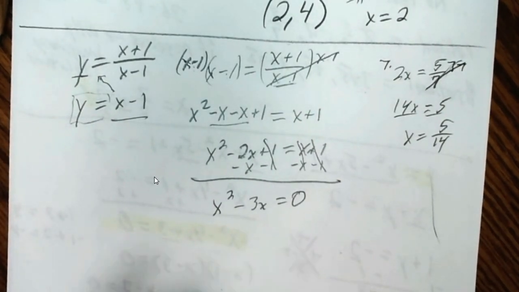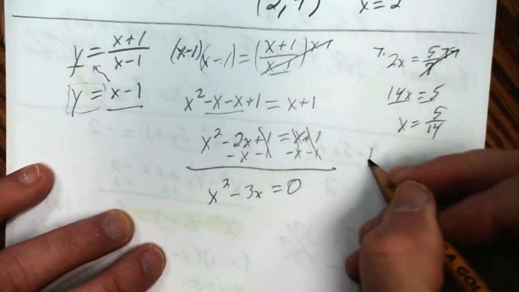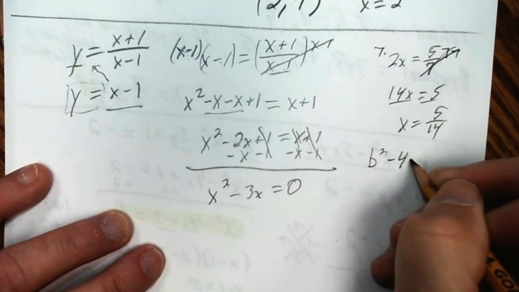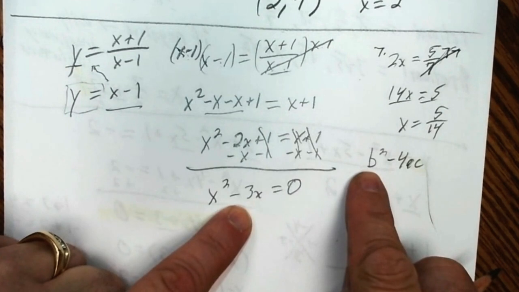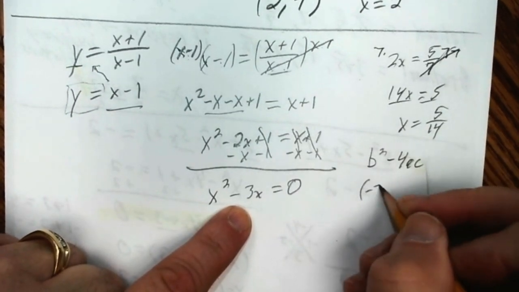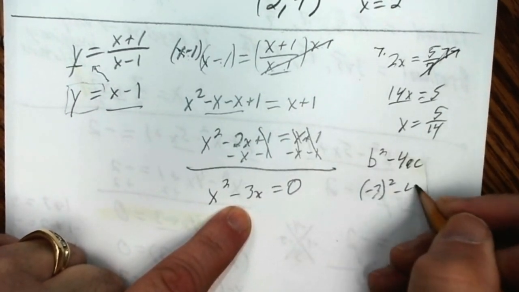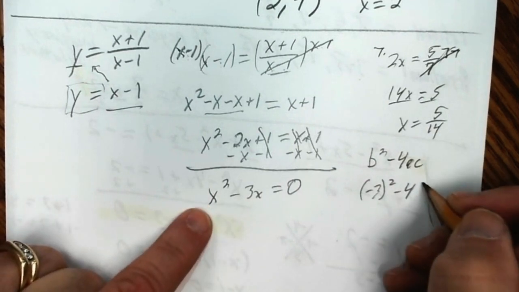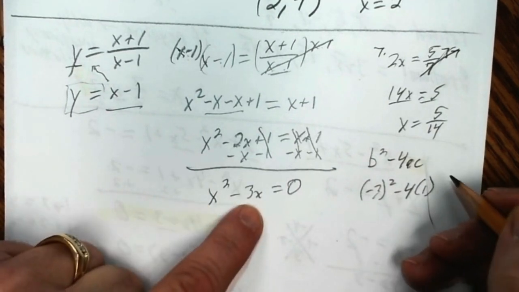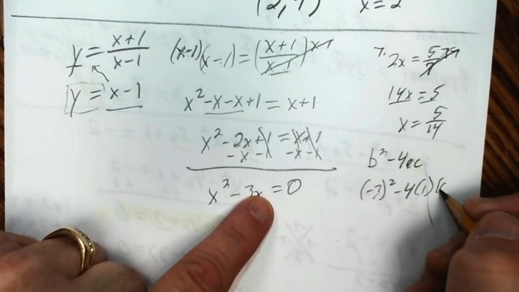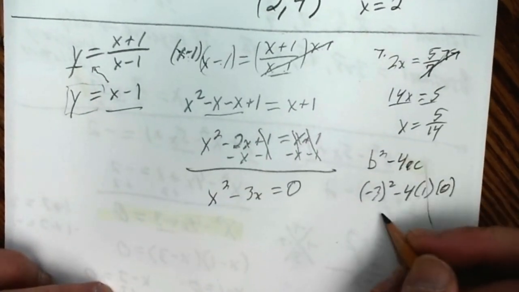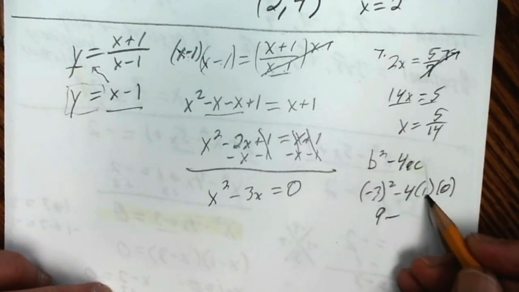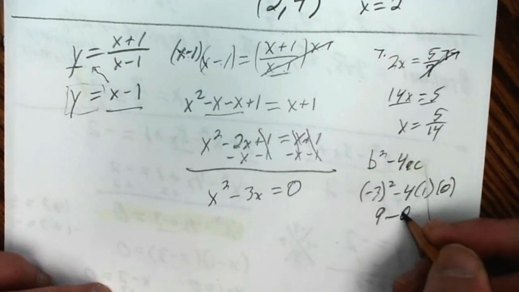All right, let's check our discriminant to see what we need to do. So b squared minus 4ac. b is the x term, so it's negative 3 squared, minus 4 times a. a is 1. And there is no c. c is 0. So all of this is going to be 9 minus 4 times 1 times 0, which is 0.